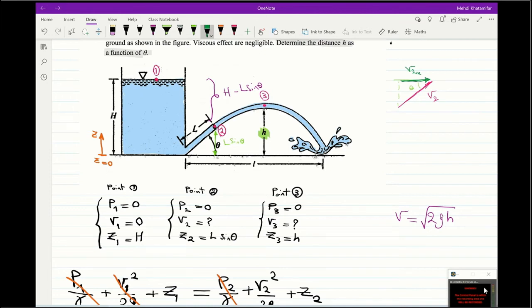I know that we don't have any acceleration in the x direction. It is 0. The only acceleration we have is due to gravity.